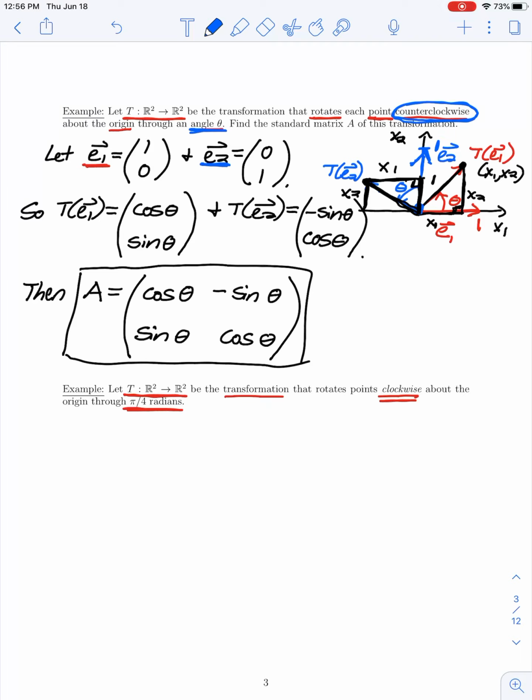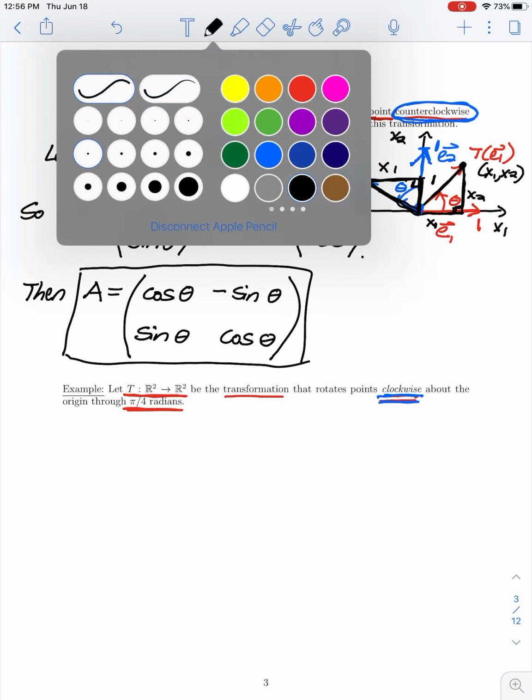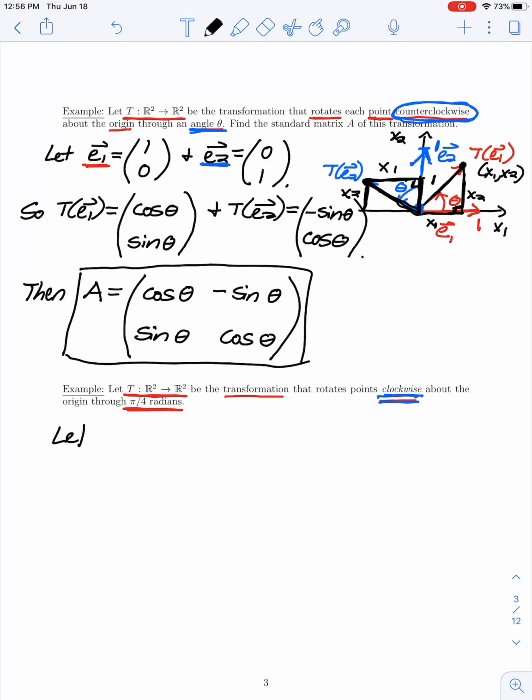If we're looking at a clockwise rotation, we're just moving in the opposite direction, so we could think about a negative value of theta. So we're looking at a counterclockwise rotation by negative pi over 4 radians, or similarly, a clockwise rotation by positive pi over 4 radians. To reverse the direction of rotation, we just change the sign of theta.